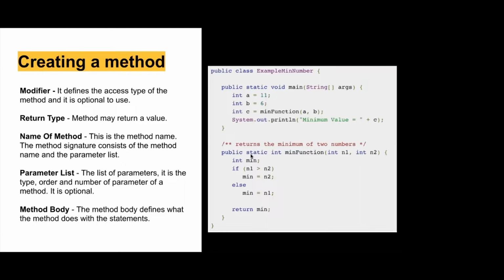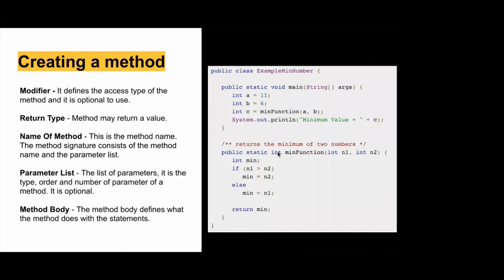But in this case, it's public. The second element of a method is the return type. We can have a return type like integer, double, string, or we can return nothing. That's called a void return type. We will see that in the next slide.